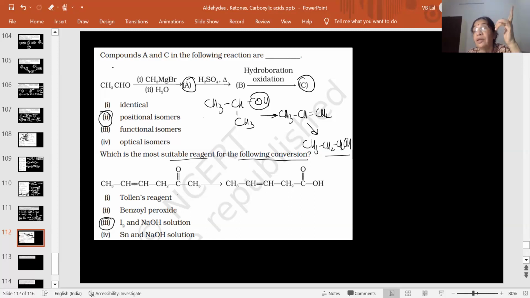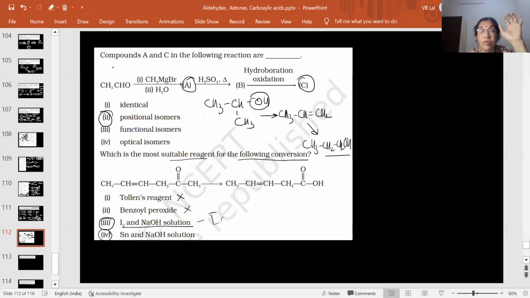Tollens reagent, how did I find? Tollens reagent cannot because it only oxidizes aldehydes. Benzoyl peroxide, it's anyway not an oxidizing agent. It is used in addition of HBr in presence of peroxide. Tin and NaOH, it reduces nitro group to NH2 group. So only thing is I2 and NaOH.